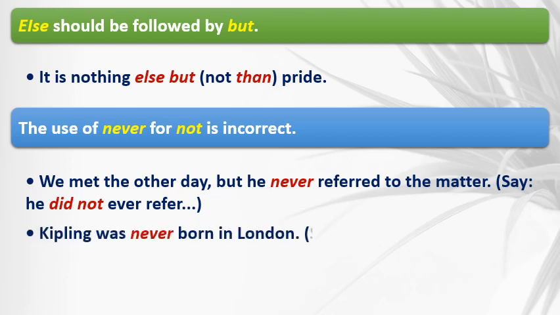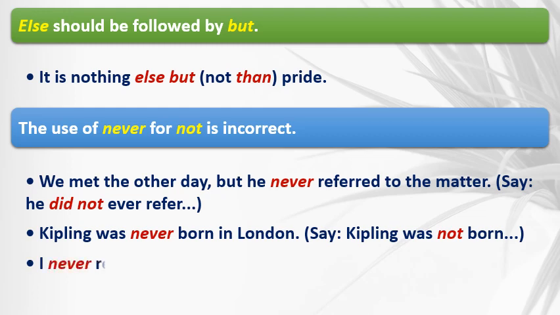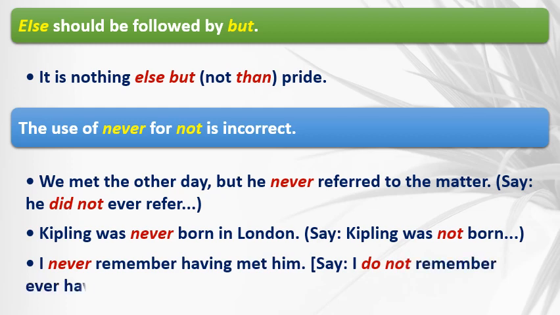Kipling was never born in London, or we can say Kipling was not born. So here the meaning of never is not. I never remember having met him, or we can say I don't remember ever having met him. So as we can see, the use of never for not is incorrect in these sentences, except colloquially. Colloquially means in conversation.